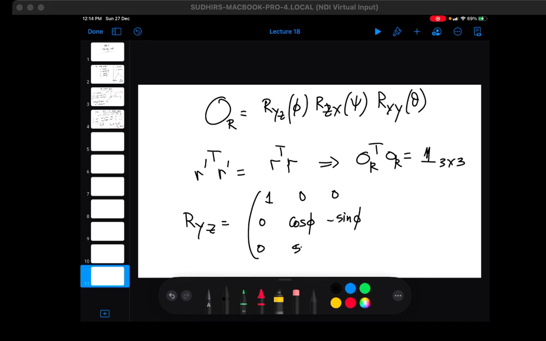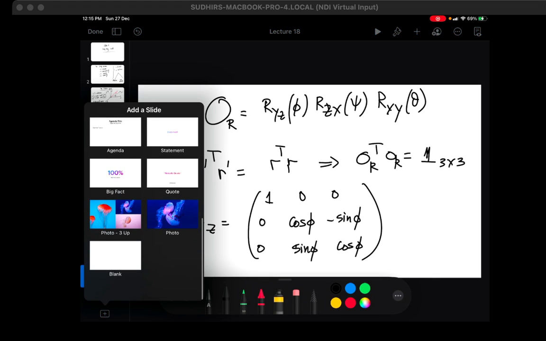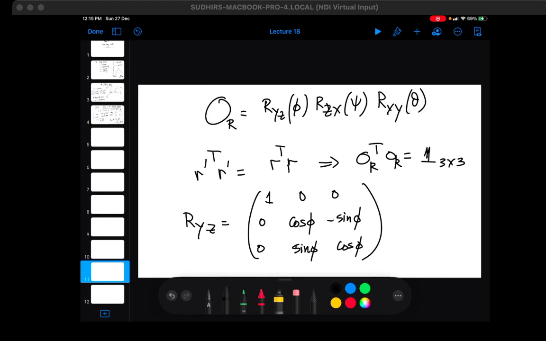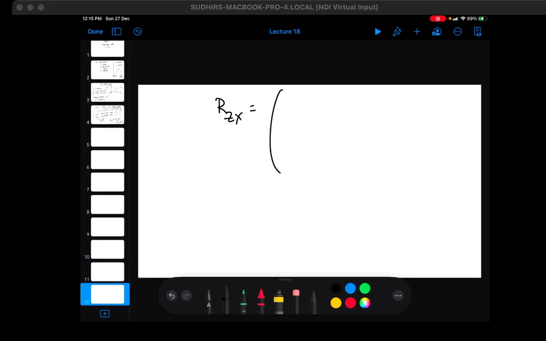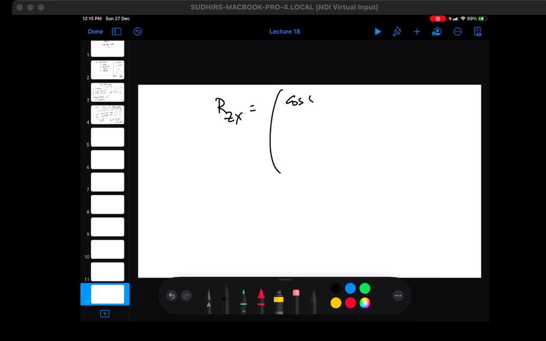Okay, and Rzx is equal to cos psi, 0, sin psi, and so on, with minus sin psi and cos psi.